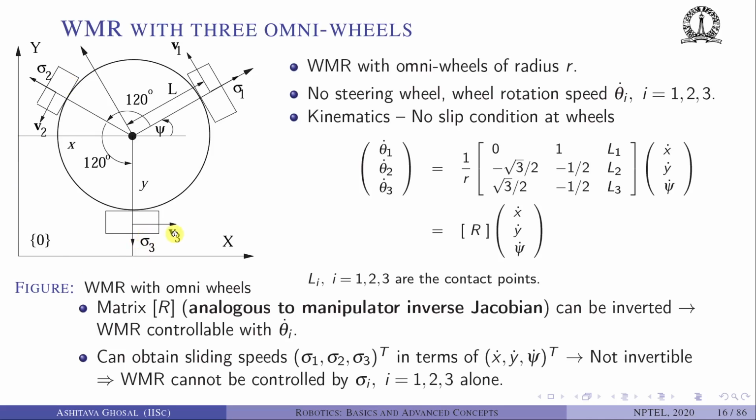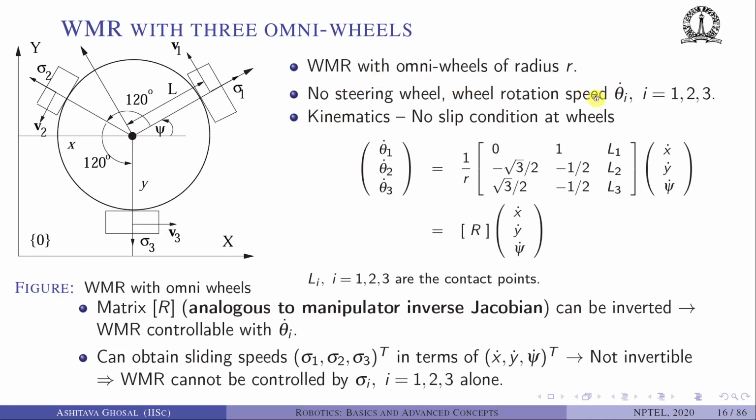These three wheels are 120 degrees apart. The direction of this first wheel is at an angle psi, and this point where the omni wheel is, the center, is at x comma y. So no steering wheel is required.